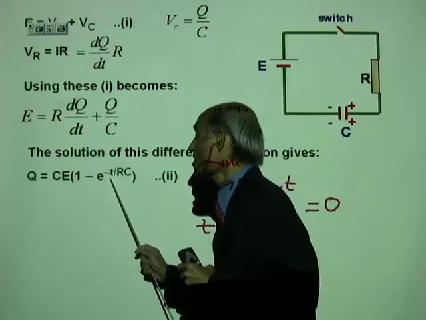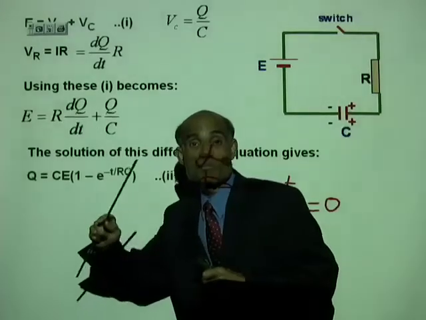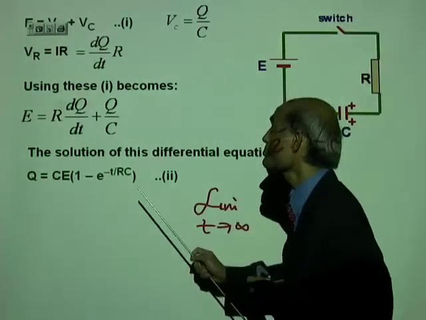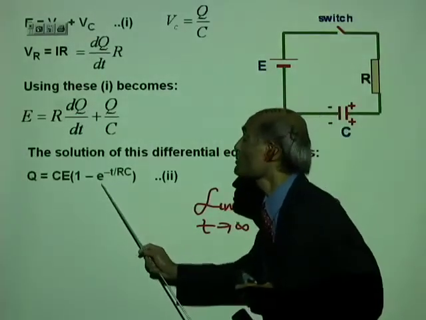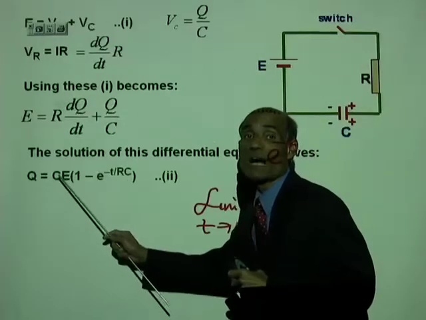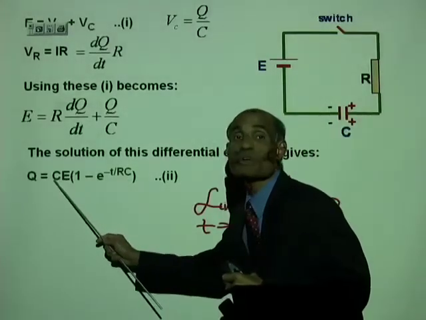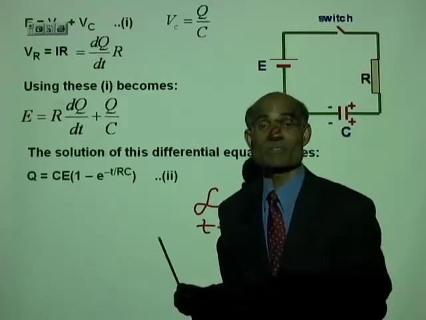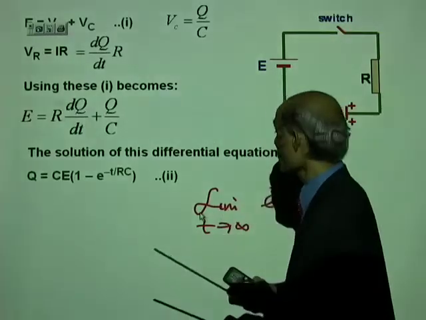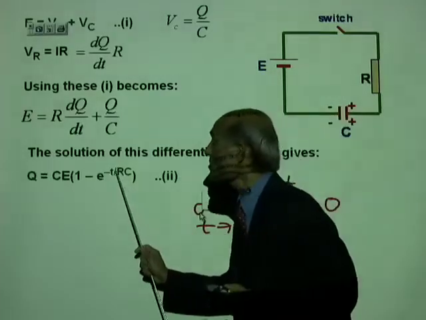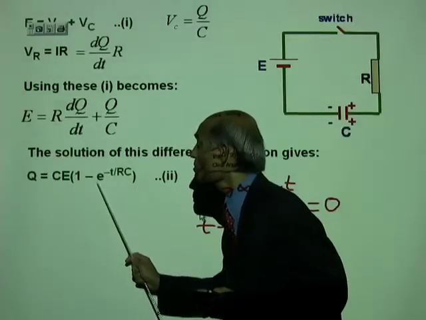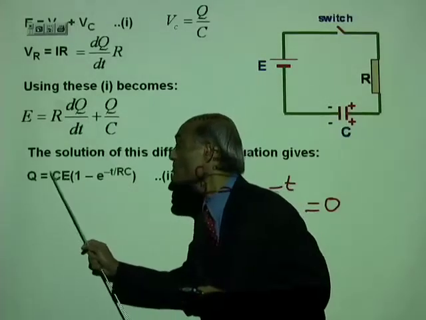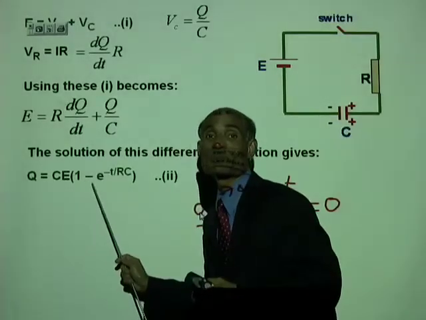As time goes to infinity, after a very long time, this quantity will be 0, and the amount of charge will be equal to CE, which is the maximum amount of charge. I hope you're following what I'm saying. In the beginning, when t equal to 0, the value of this is 1, so Q when t equal to 0 is 0.